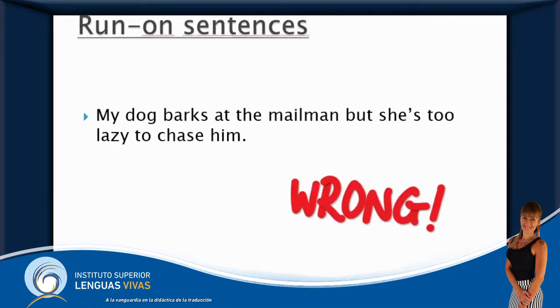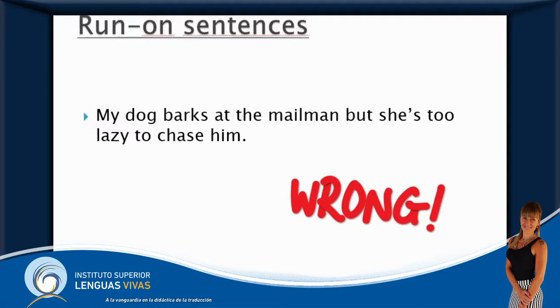Then the thing about run-on sentences. Take a look at the example. My dog barks at the mailman, but she's too lazy to chase him. The thing about run-on sentences and the comma has to do with the fact that a coordinating conjunction connects two clauses that could be sentences on their own.